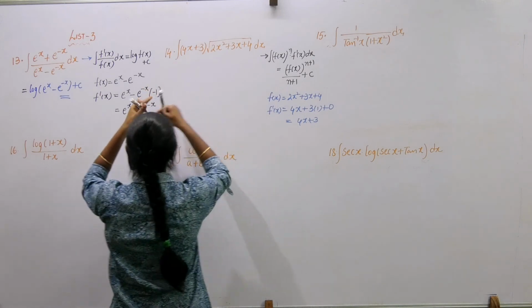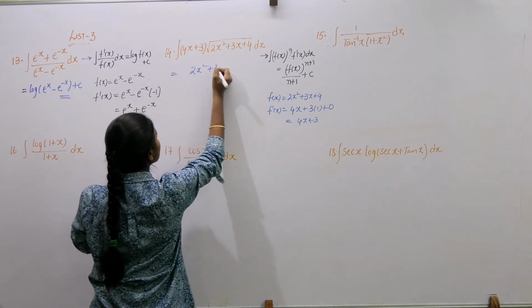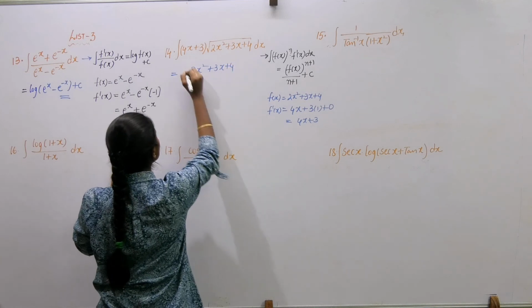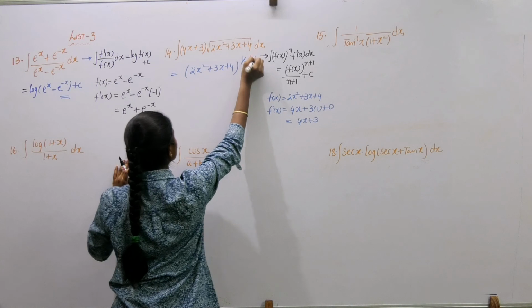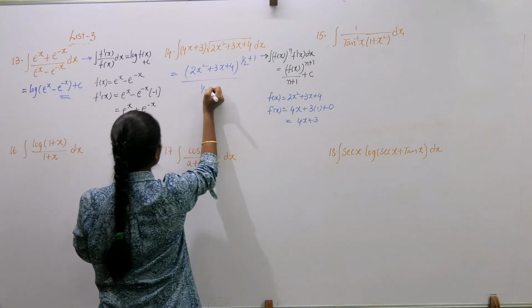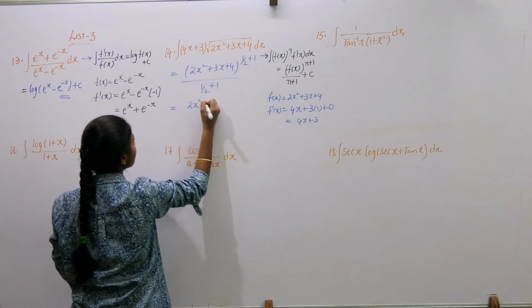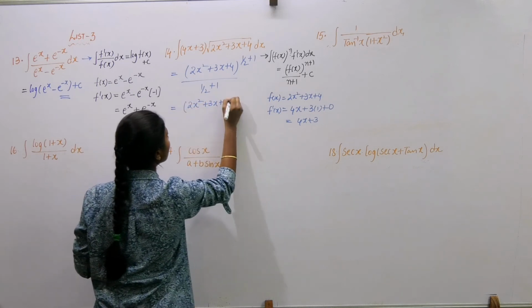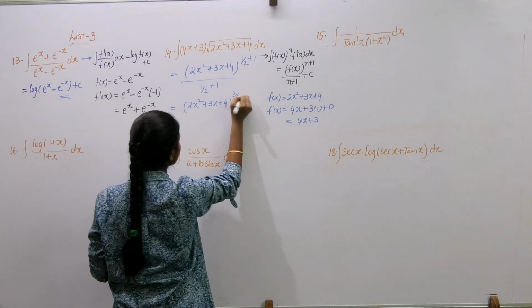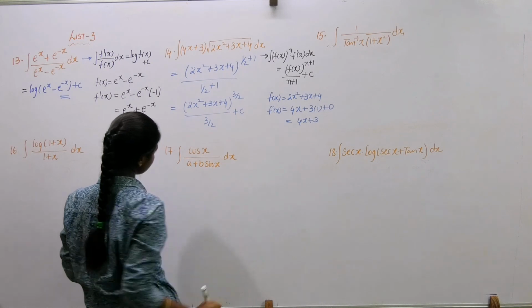We substitute this formula. We get 2x square plus 3x plus 4 whole power, square root is written as 1 by 2, n plus 1 by n plus 1, 2x square plus 3x plus 4 whole power 3 by 2 by 3 by 2 plus c.